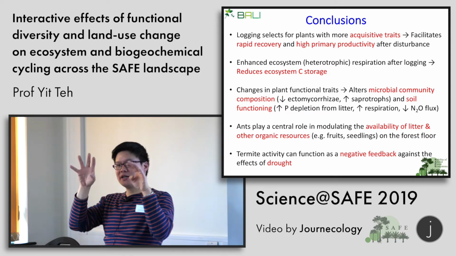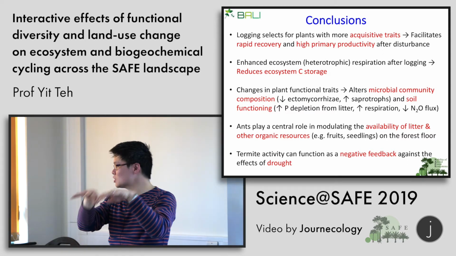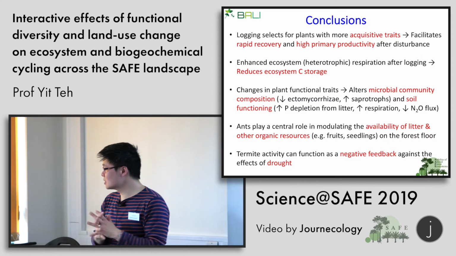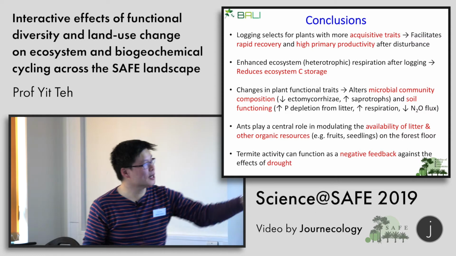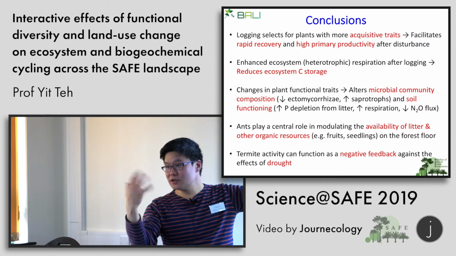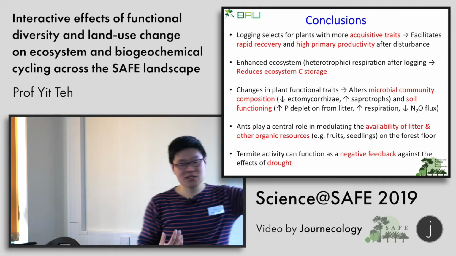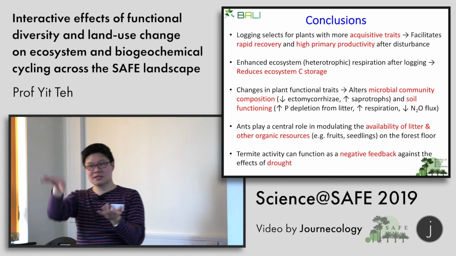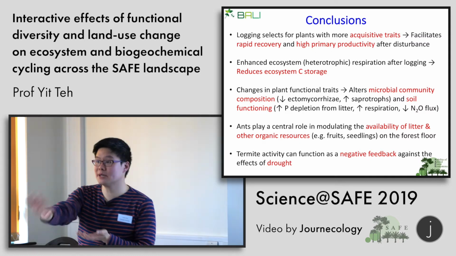We see some evidence of what I would think of as top-down effects, changes to the plant community then affecting microbial community composition, for instance. So reductions in mycorrhizae, increases in saprotrophic abundance, changes in the way that phosphorus is utilized in the litter layer, changes in respiration rates, changes in nitrous oxide flux, all linked to shifts in the plant community mediated by logging.